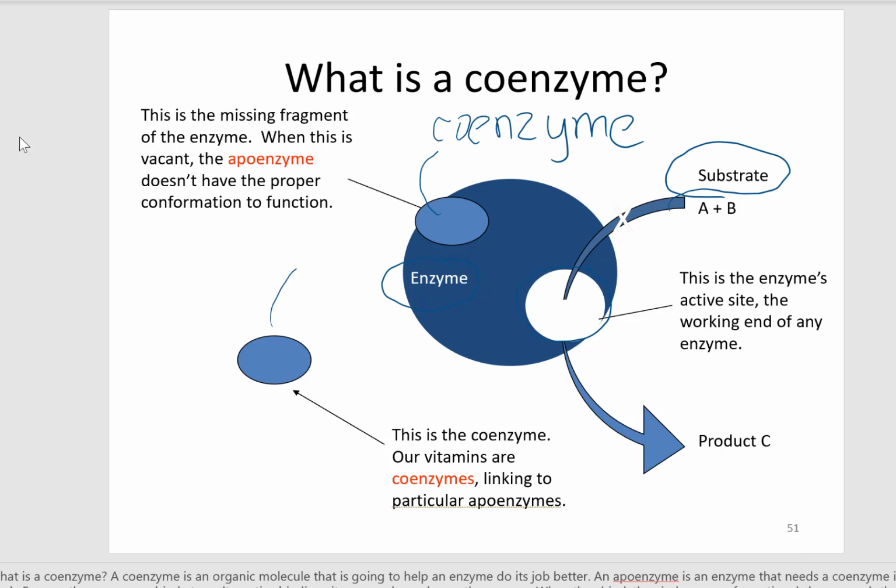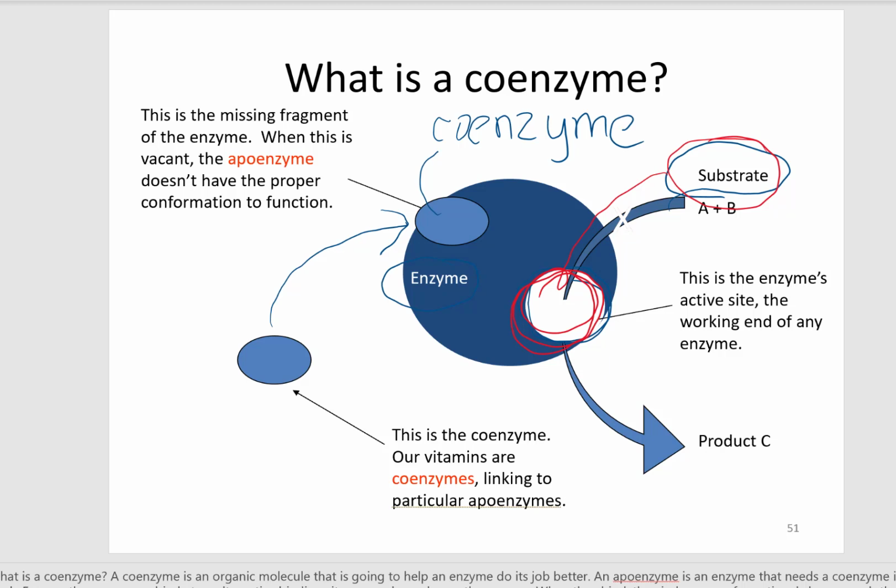But if the coenzyme binds to the apoenzyme, it will make a conformation change to the enzyme where now the substrate can bind, I'll circle it in red, the substrate can bind to the binding site. And now the enzyme can convert the substrate into a product. So a coenzyme is something that would help an enzyme do its job better.